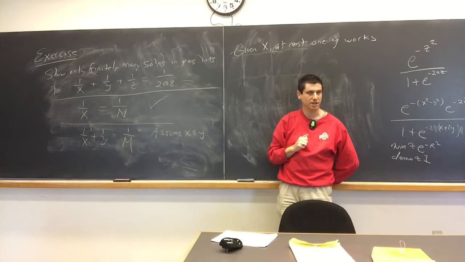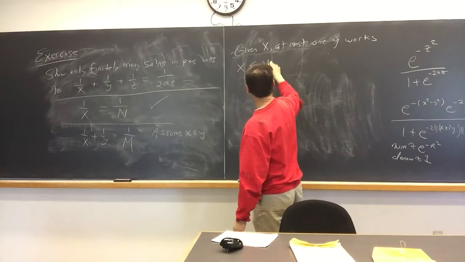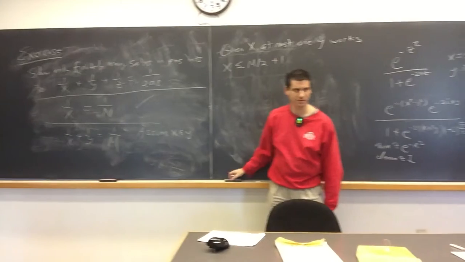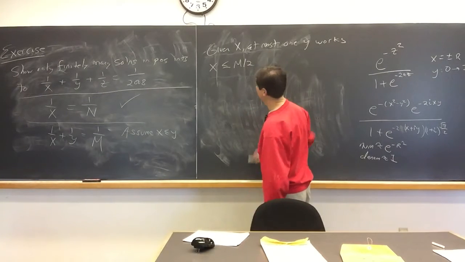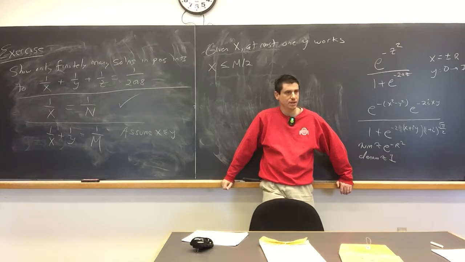How large can x get? Yeah. x has to be less than or equal to m over 2, or maybe m over 2 plus 1 just to be safe. Probably m over 2 should be fine. Yeah, m over 2 would be fine. So for each choice of x, y is uniquely determined.